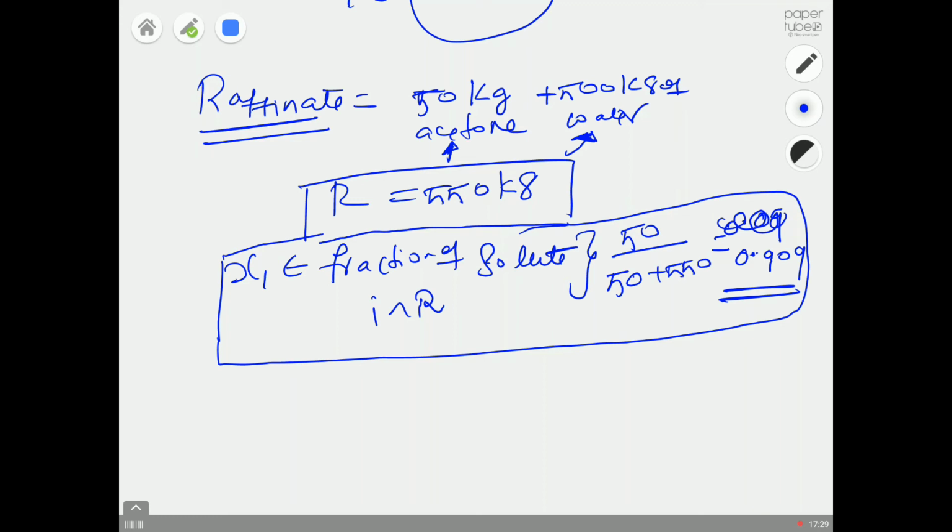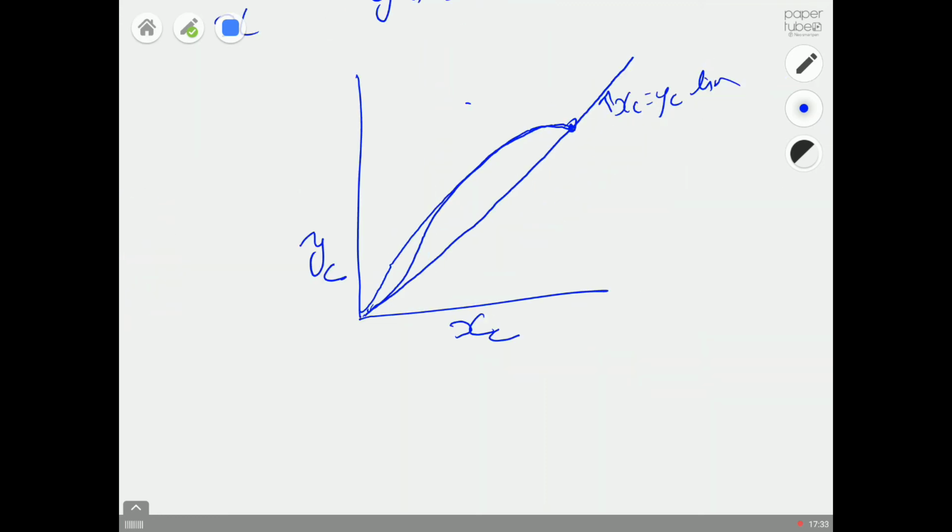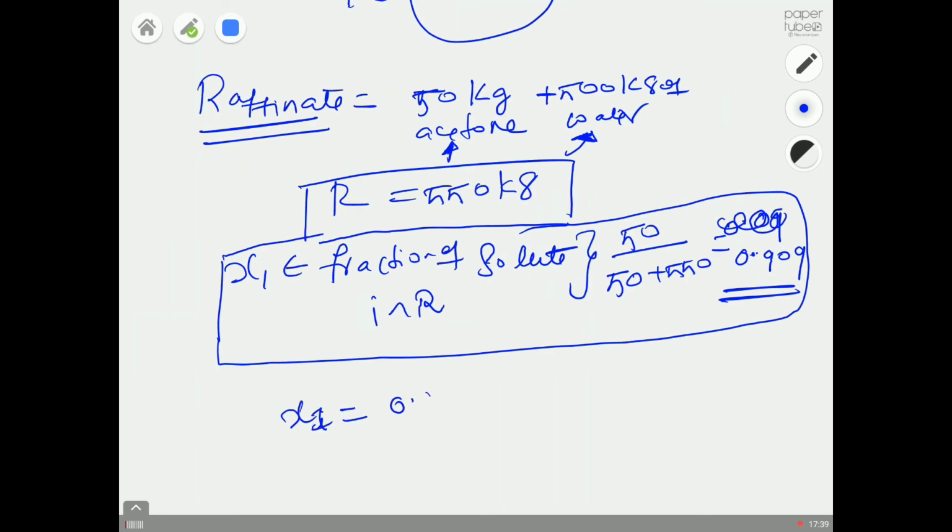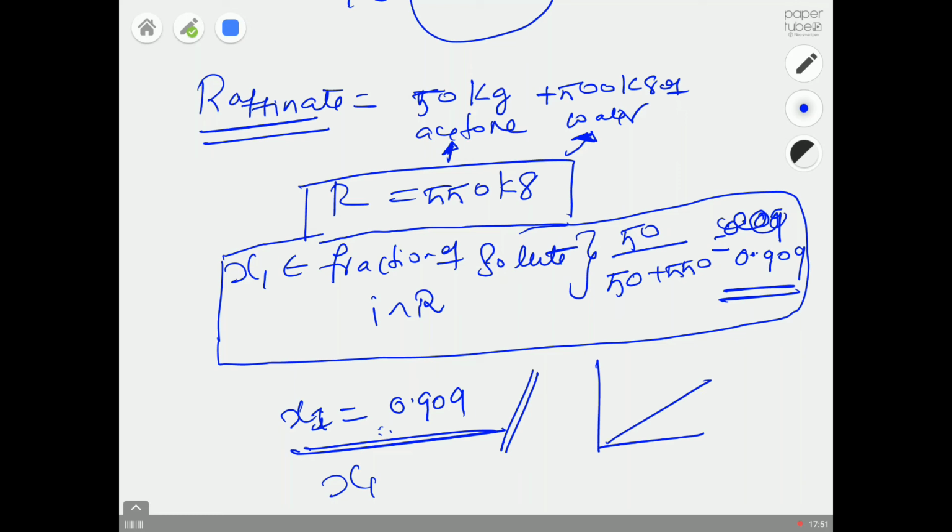So if we come back to the problem, we just calculated x1 equal to 0.909. So if we know x1, in this graph we go to 0.909, put a line, and then come back. What will be the corresponding y1? So let's check. 0.909 is somewhere here.